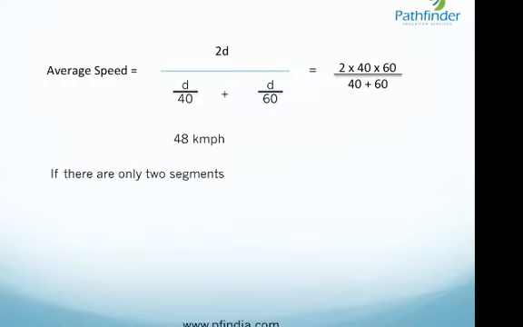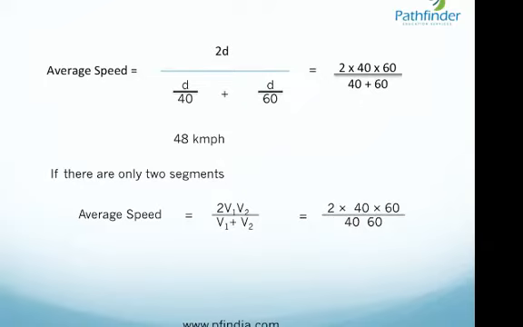Now mind you, if there are only two segments and two equal segments, very importantly, then the average speed can also be given by twice of V1 V2 upon V1 plus V2, which is equal to, in our problem, 2 into the first speed is 40. So instead of V1, we replace it by 40. The second speed is 60. We replace V2 by 60 divided by 40 plus 60.